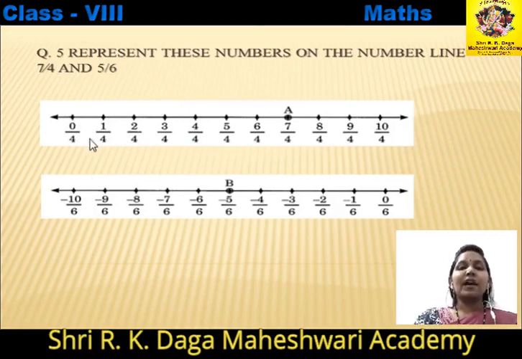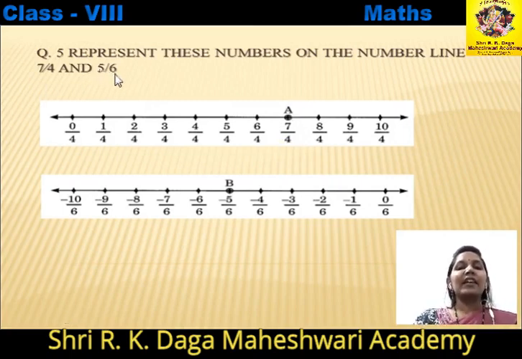First is 0 by 4, then 1 by 4, 2 by 4, 3 by 4, 4 by 4, 5 by 4, 6 by 4, 7 by 4, 8 by 4, 9 by 4 and 10 by 4. Now we want to represent the number 7 by 4. So the required point is this 7 by 4, which we will show by this point A.